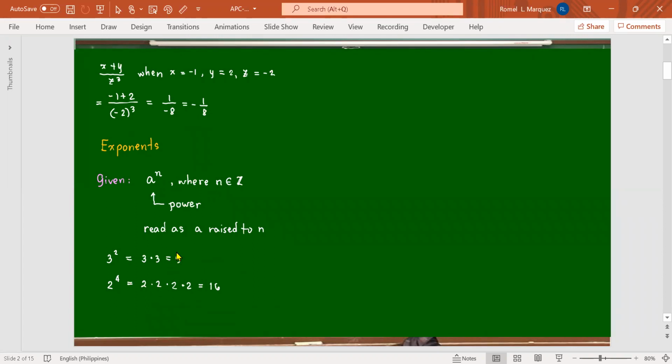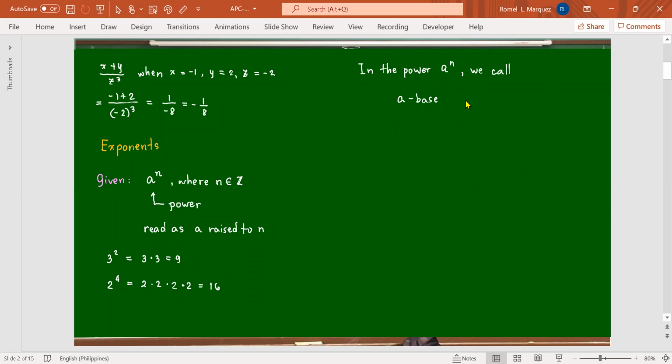So in the power a to the n, we call a the base, no? It is the quantity or the number that is being raised to a certain number.